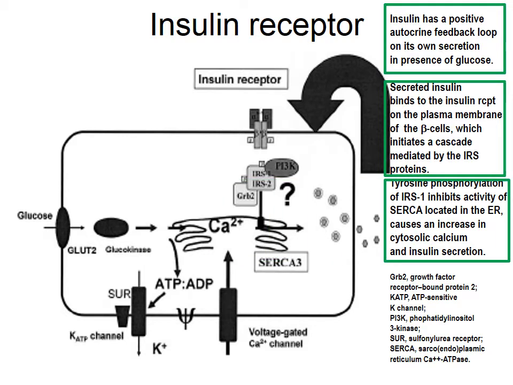But SERCA, when it gets phosphorylated in the pancreatic beta cell, becomes inactive and unable to bring calcium back into the endoplasmic reticulum.